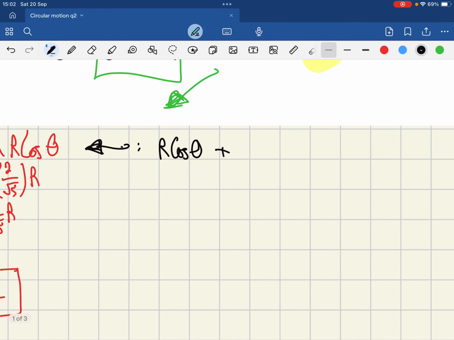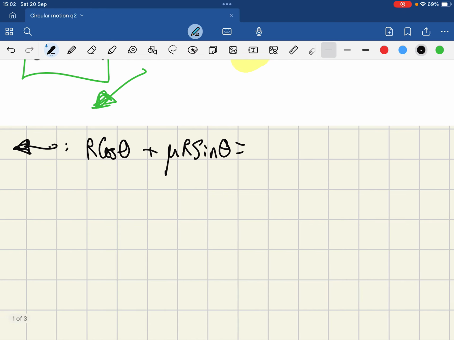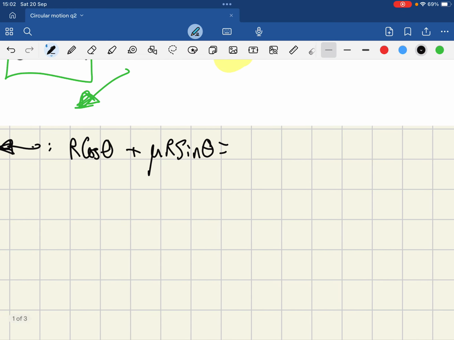So R cos theta plus mu R sine theta equals, and there's nothing balancing this out, is there? This is because it's centripetal force. So what we're saying here is these two forces combined give us an m omega squared r. That's our governing equation for centripetal force, circular motion.